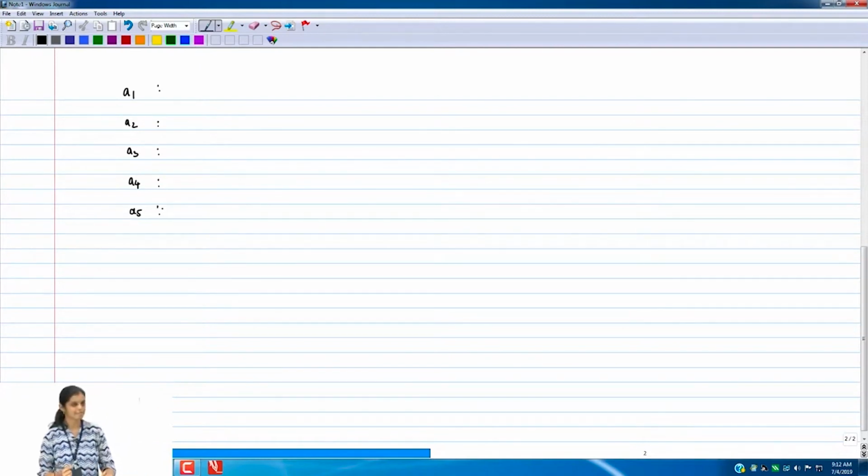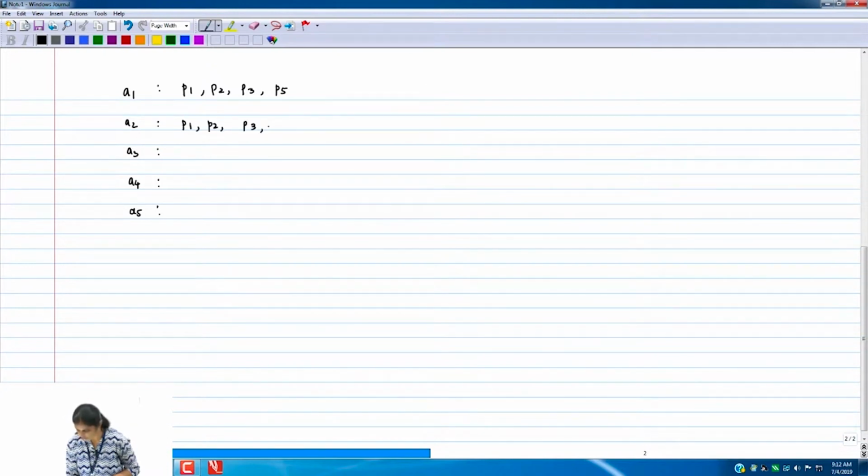Does anybody recall? Yeah, why are we constructing the switching graph?